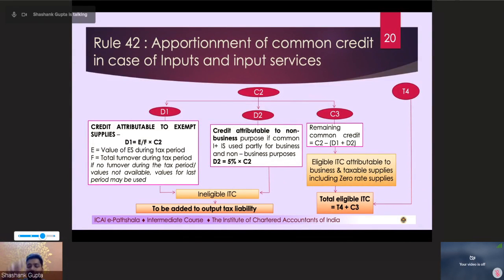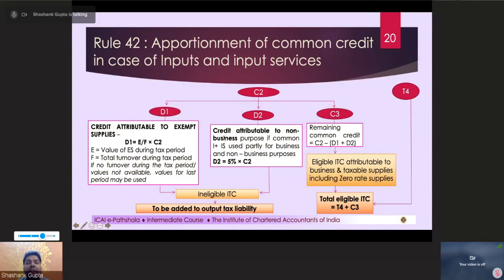So when we are distributing it in the ratio of exempt turnover over total turnover, suppose 10 lakh rupees is the common credit, 1 lakh rupees is the exempt turnover, 10 lakh rupees is the total turnover. This would mean 10 into 1 by 10, 1 lakh rupee will come out as credit attributable to exempt supply, and this 1 lakh needs to be foregone.